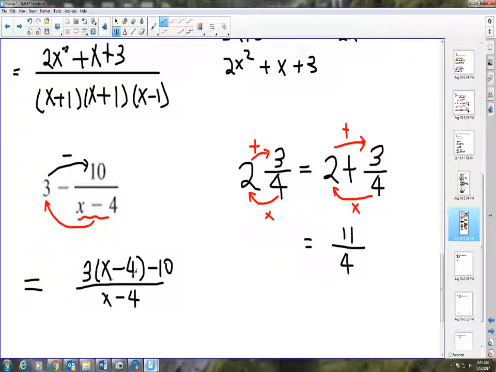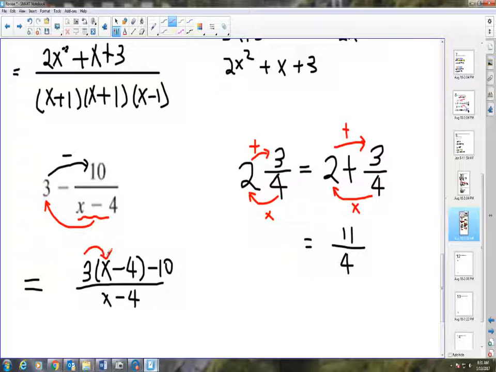The reason why I put x minus 4 in parentheses here is because x minus 4 is 2 terms representing one denominator. So when I have multiple terms representing one thing, I always put them in parentheses.